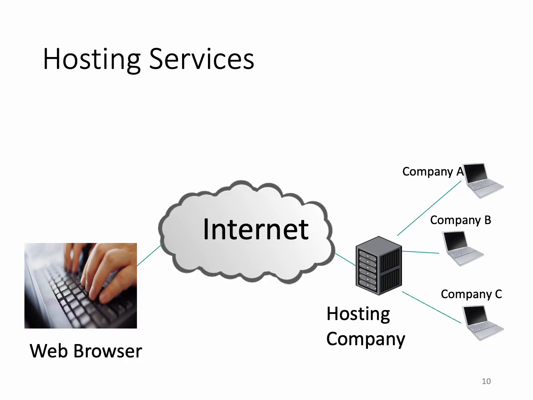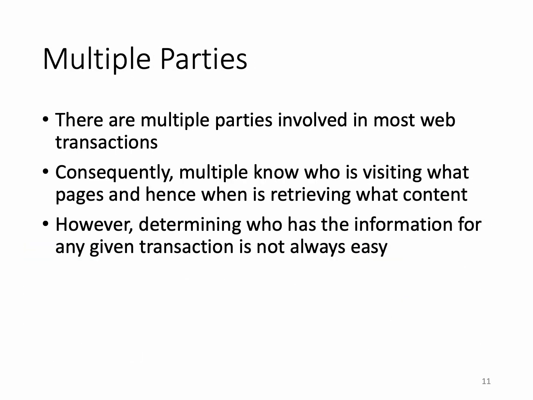Most things are hosted through Amazon services, for example. So even if you think you're going to companyb.com, your requests are going to go through Amazon as well. That means that there are multiple parties that get involved in most web transactions. And that means multiple parties who know what is visiting, what visits are being made, who is visiting what pages, and who is receiving what content.